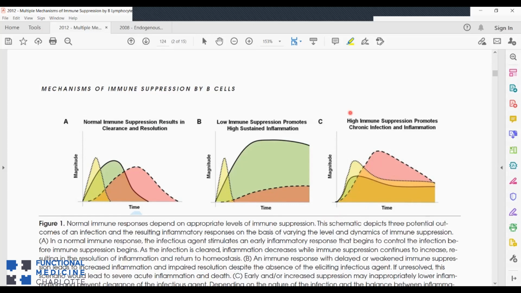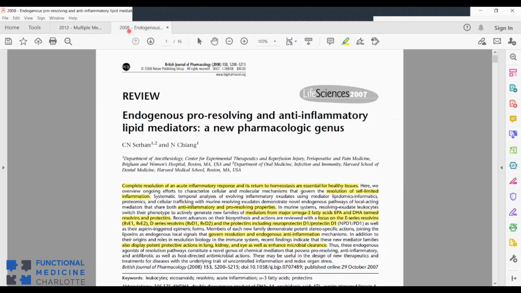Now, what resolves inflammation? Good question. Anti-inflammatories. And one of the best anti-inflammatories we know are our fish oils, our omega-3 fatty acids.